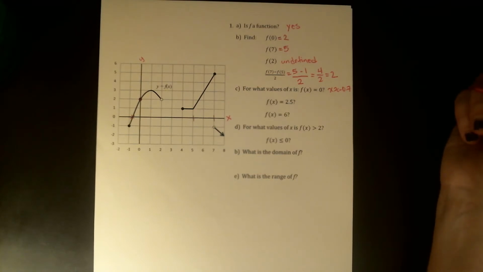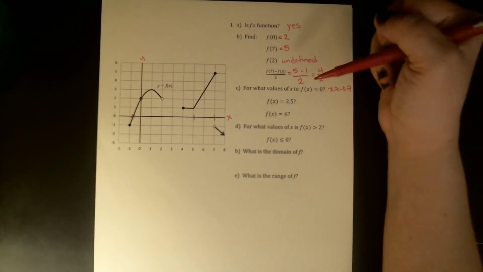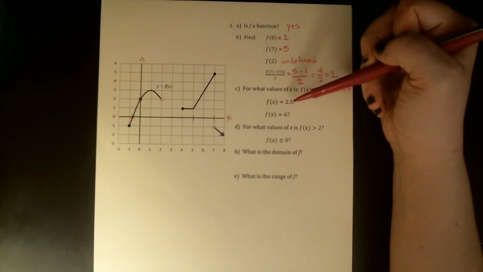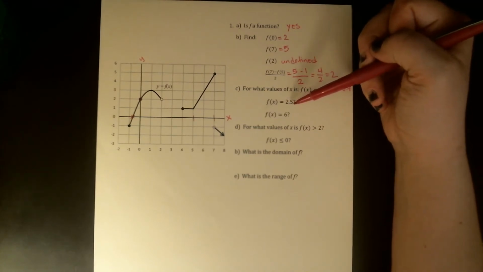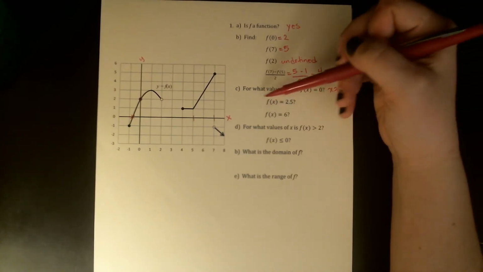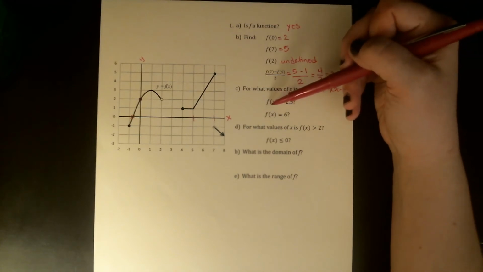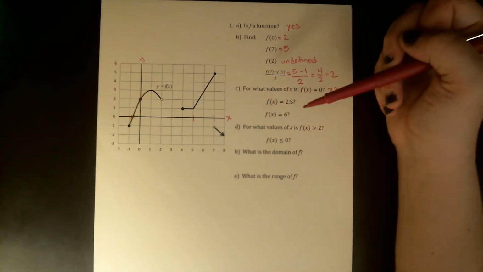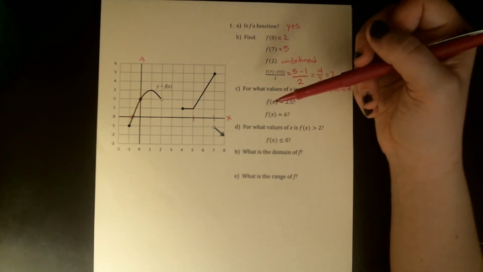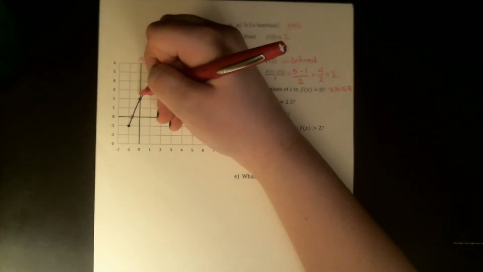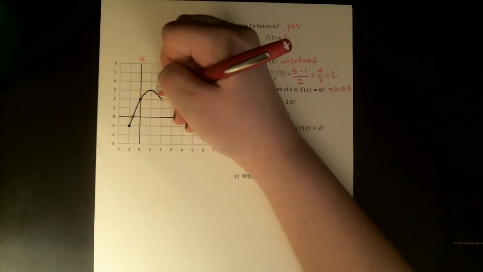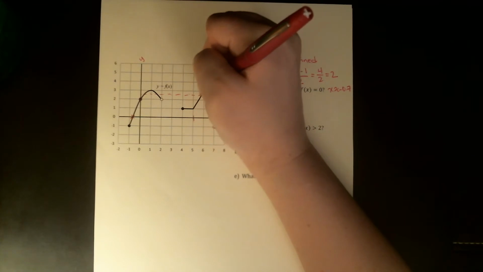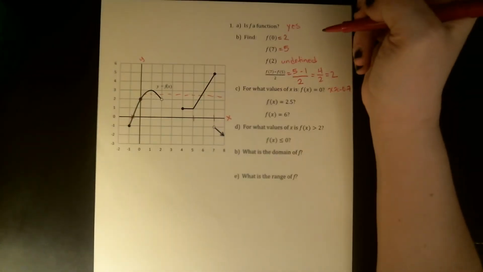Just be careful. Next question is, what x values will give you an output of 2.5? So again, even if I don't use the word solve there, this is a solve. I'm solving for x. So what x values will make my output 2.5? So 2.5, all right, so we're looking right around here. And I see 3 different places where I cross the graph.